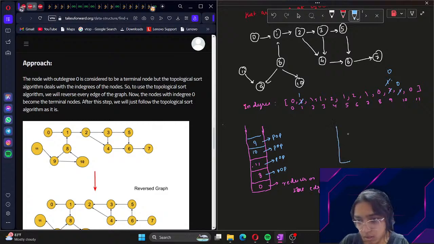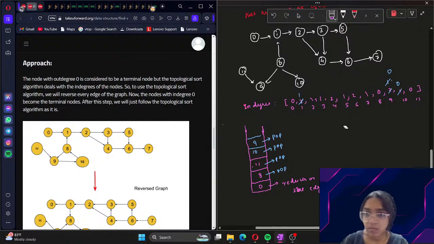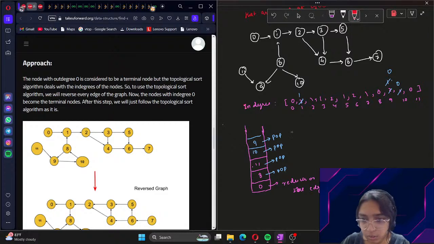Now the queue is empty, and the toposort is 0, 8, 11, 10, and 9.